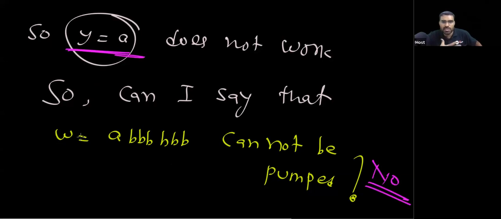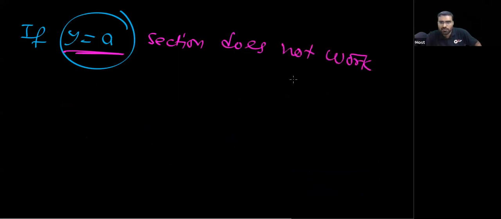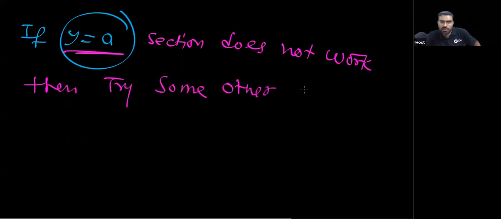Ultimately, we want some part. Remember this point: if Y equal to a does not work, then try some other section, some other Y. Is this point clear?